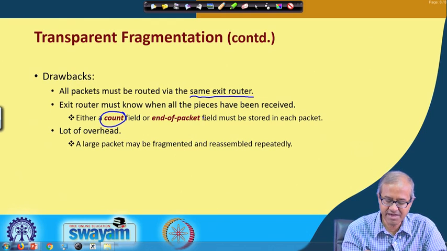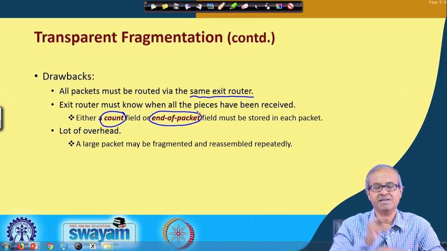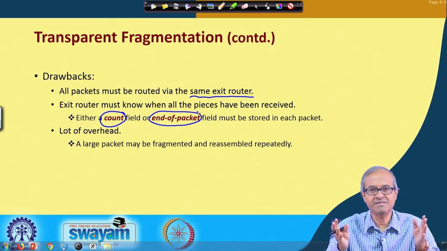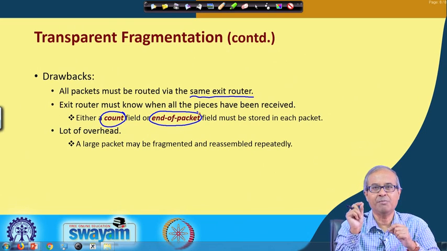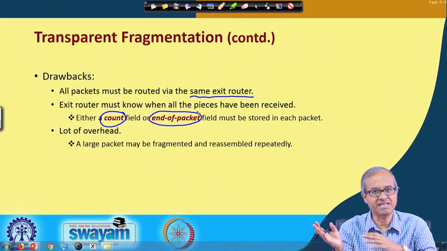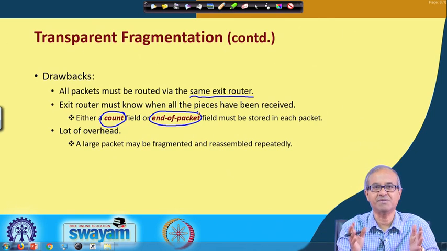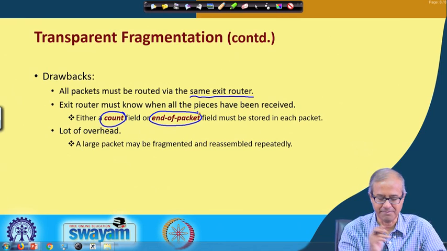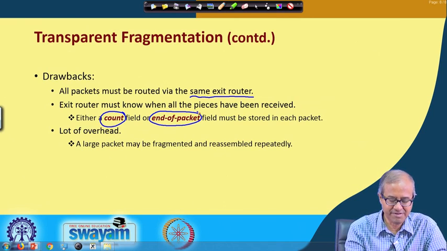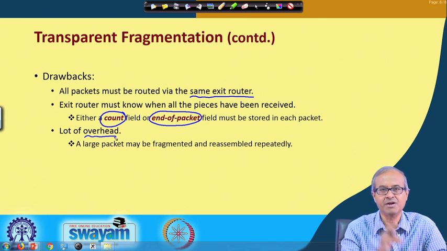Or there can be a special delimiter like end of packet. The last fragment of the packet will be marked specially, so that the exit router will know that this is the last fragment and there are no more fragments after this. So, now I can assemble. Okay? Fine. Here, as I said, a lot of overhead is encountered. There are two things.